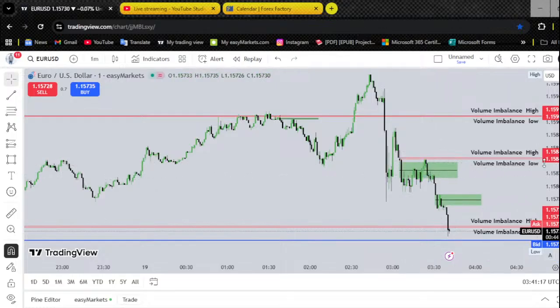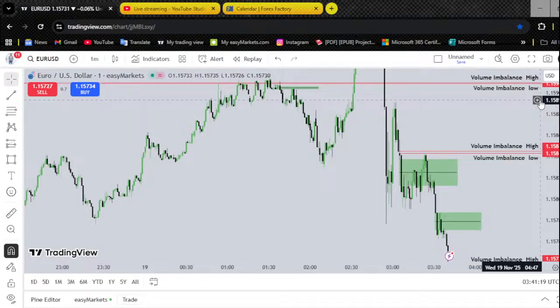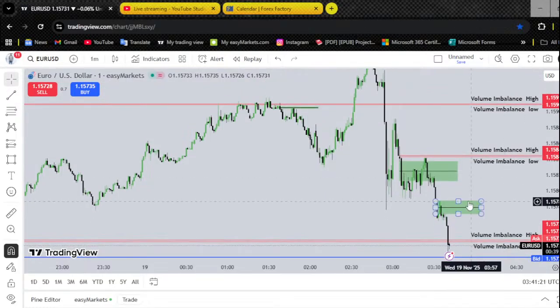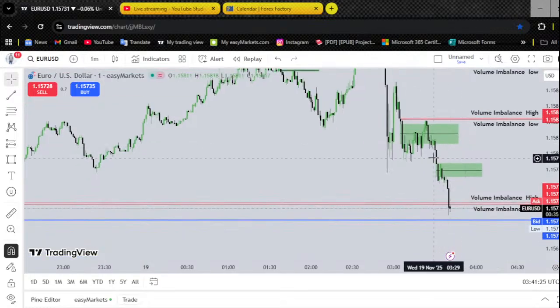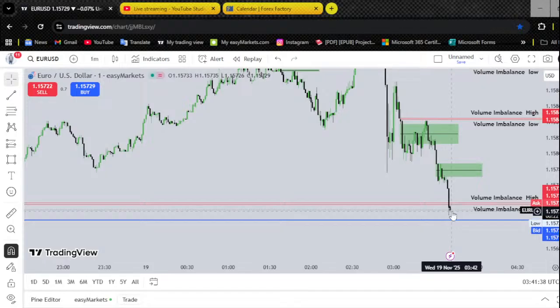I think it tapped the low of that 5-hour gap. No, it failed that volume balance. Coming to the discount, displacing lower, breakaway gap. This one is a second distribution. Market displacing lower, hitting my take profit there. That's my trade for today.